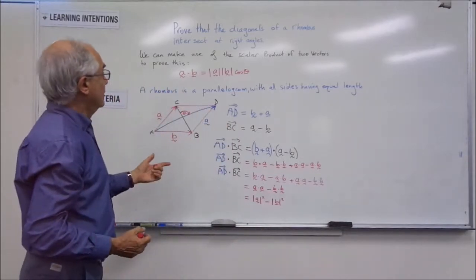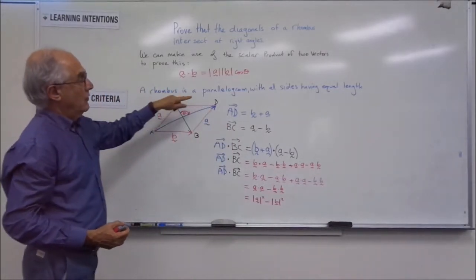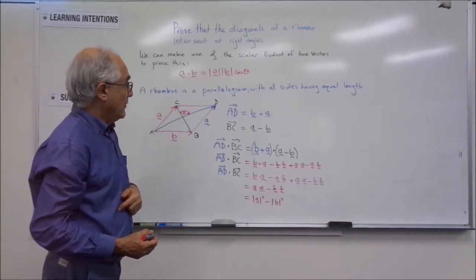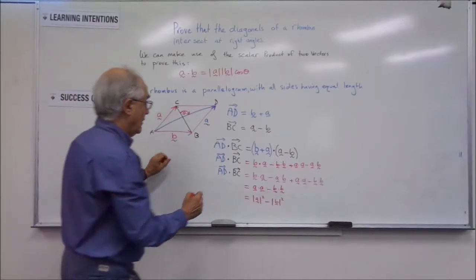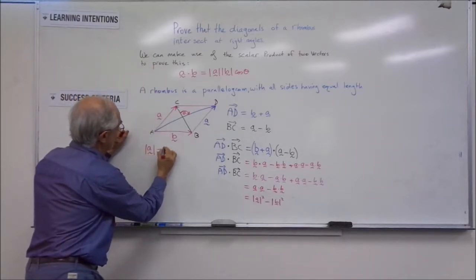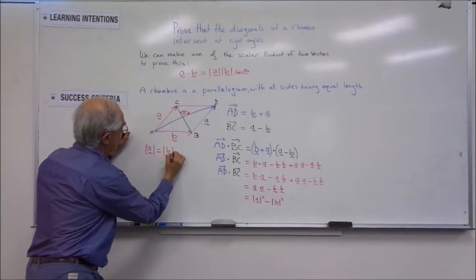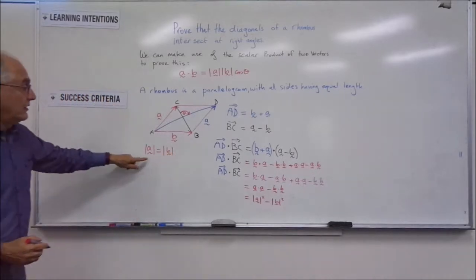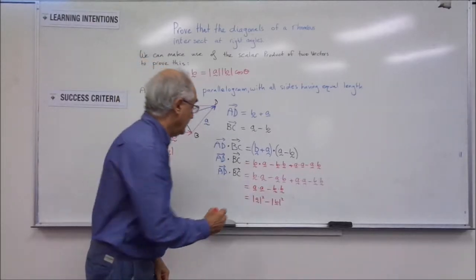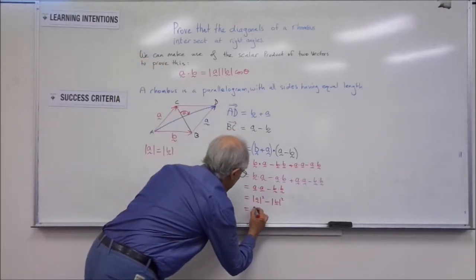Now with a rhombus, we know that all sides have equal length. So that must mean that the size of A will be equal to the size or length of B. And if that's the case, the magnitude of A squared take away the magnitude of B squared will be equal to 0.